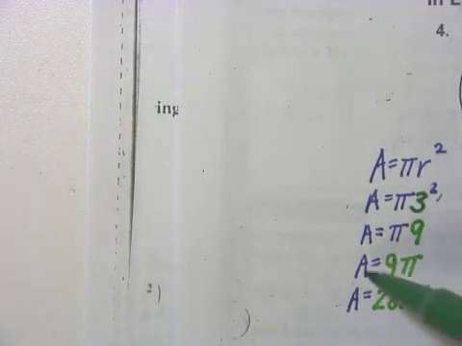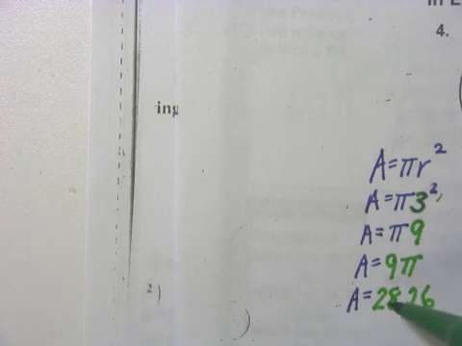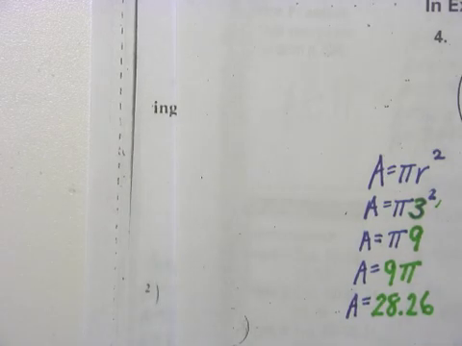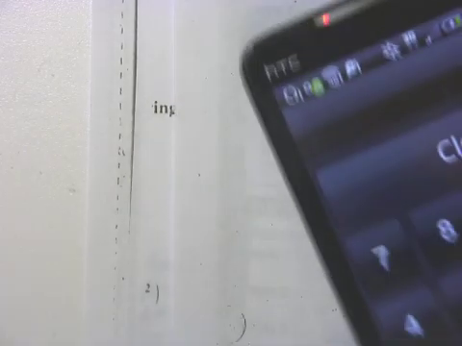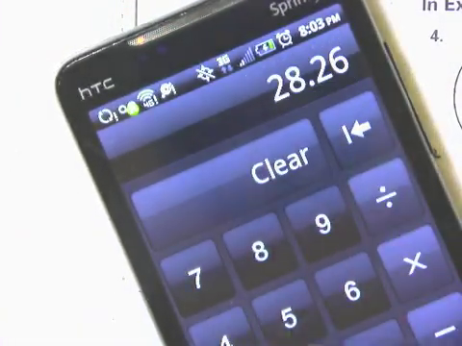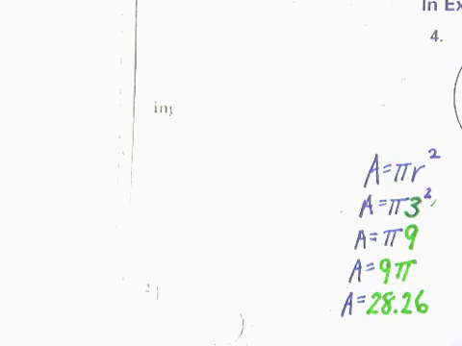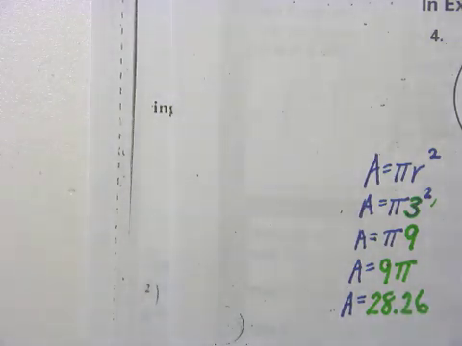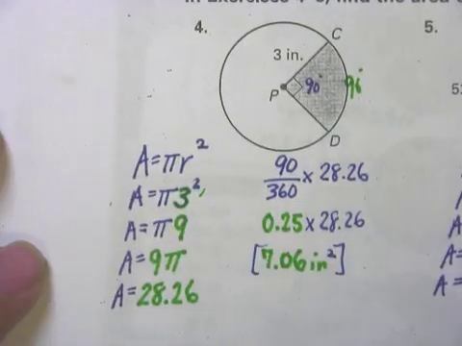So it's going to be pi times 9, or 9 pi to put it correctly. So my area right here is in terms of pi already. So area is 9 pi. And of course, if I keep going and I multiply, I'm going to get my area in terms of units there. So it's 9 times 3.14, and I get an area of 28.26.